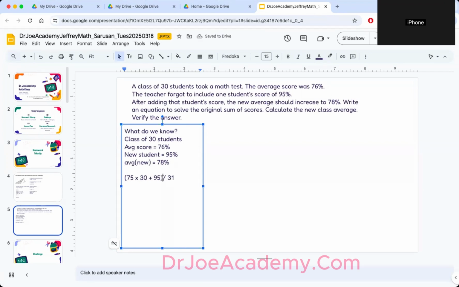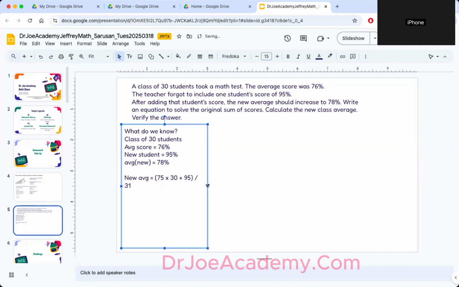Like everything is in a bracket and then all of that is divided by 31? Yeah. All right, so what is this supposed to find? The average with the student that she forgot. All right, so I'll say new average equals this value.